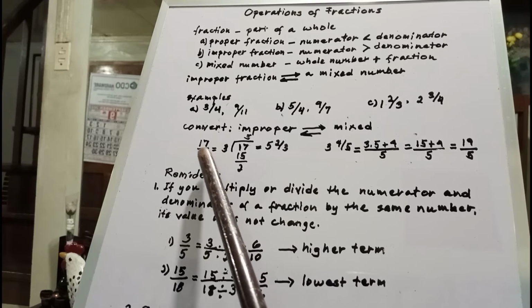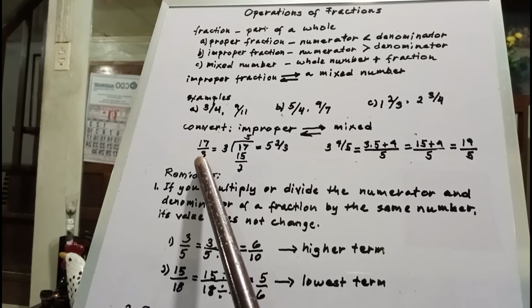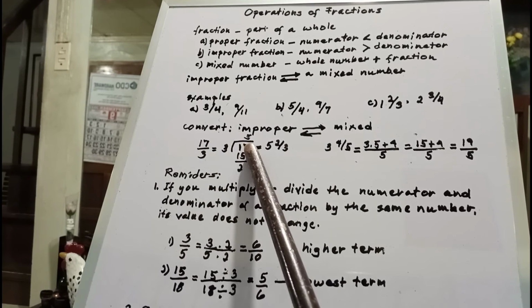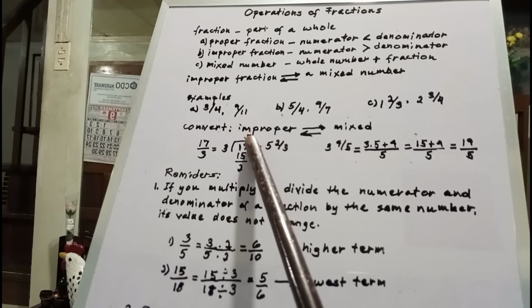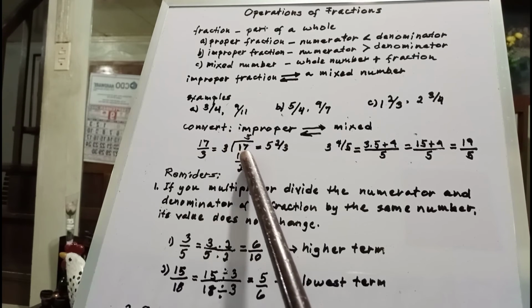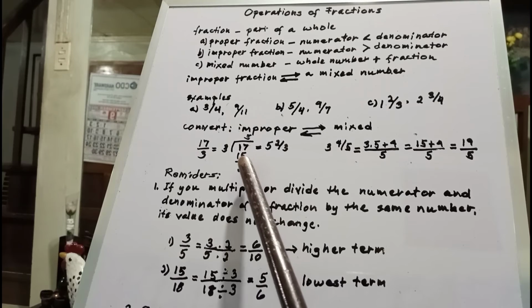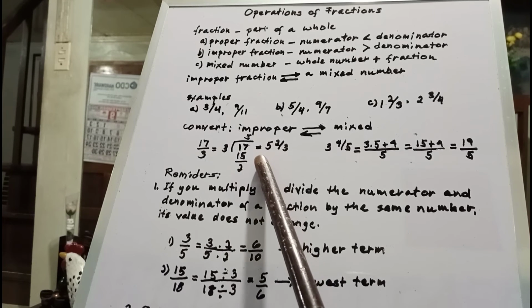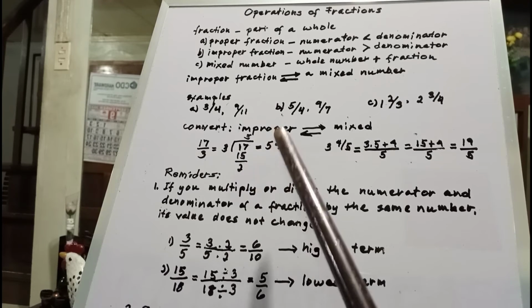We have example 17 over 3. Simply divide 17 by 3, so you have 5. 5 times 3 equals 15. 17 minus 15 equals 2. So the answer is 5 and 2/3.